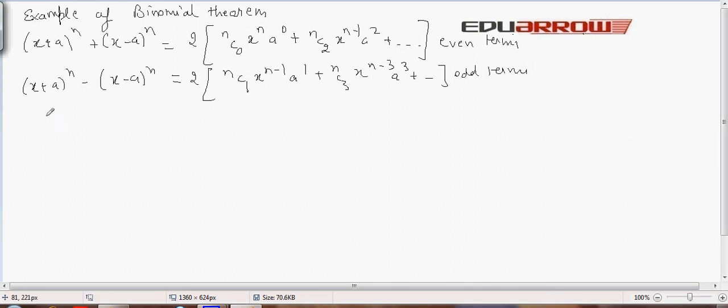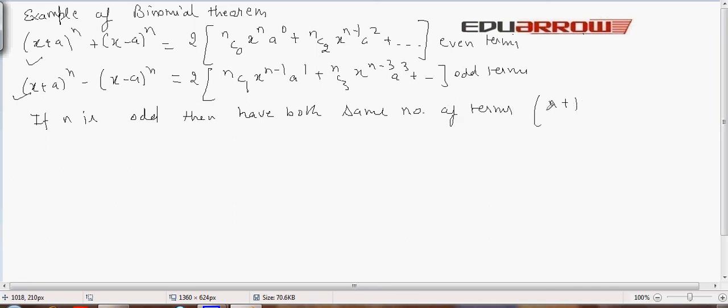Also, one more result is that if n is odd, then both (x + a)^n + (x − a)^n and (x + a)^n − (x − a)^n have the same number of terms, which is equal to (n + 1)/2.